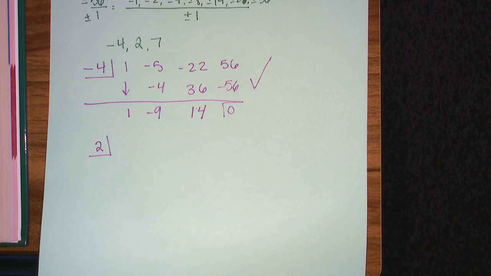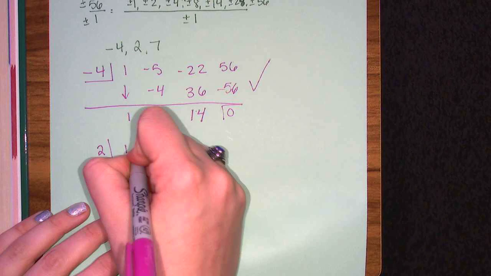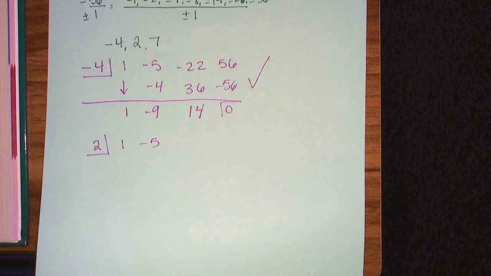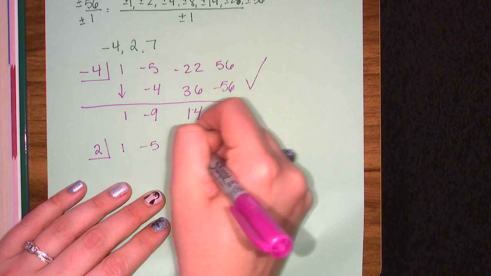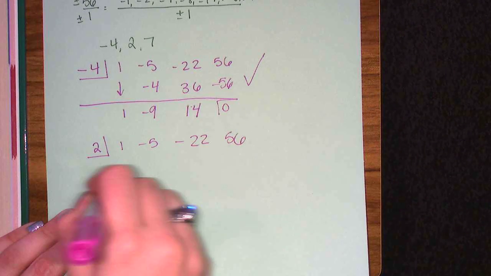Alright, so now we're going to check 2. So again, we're using these same numbers. Actually, well, just do that. It's easier to teach you this way. No, never mind. Ignore that.